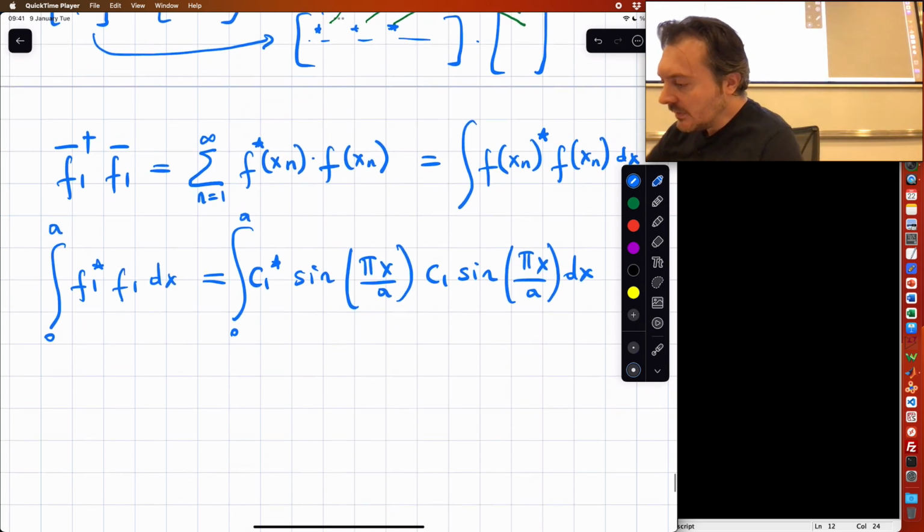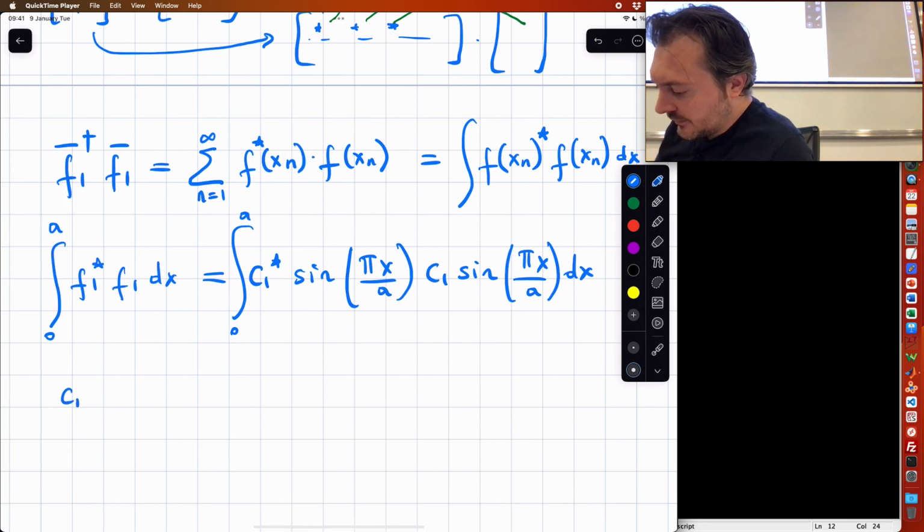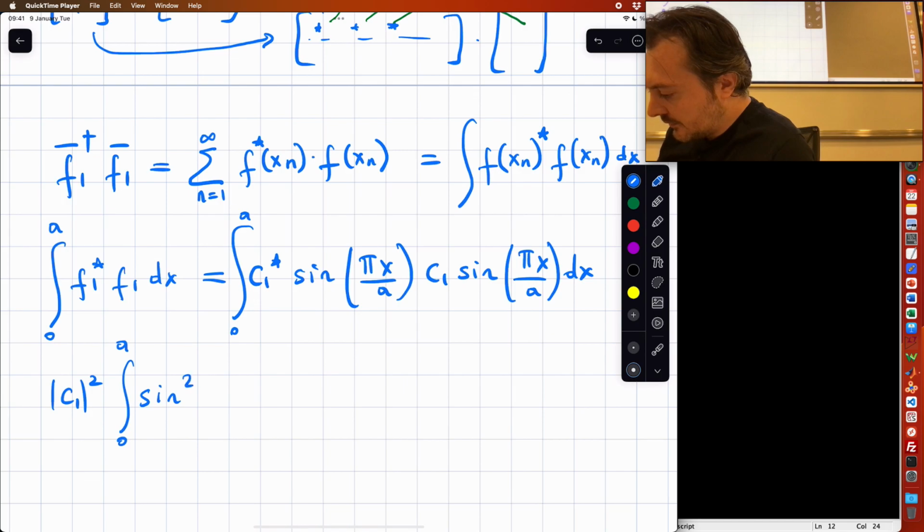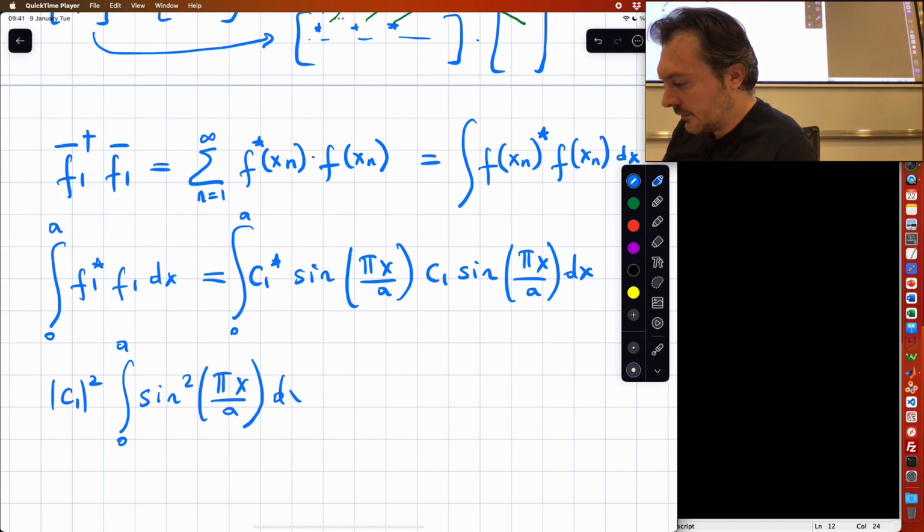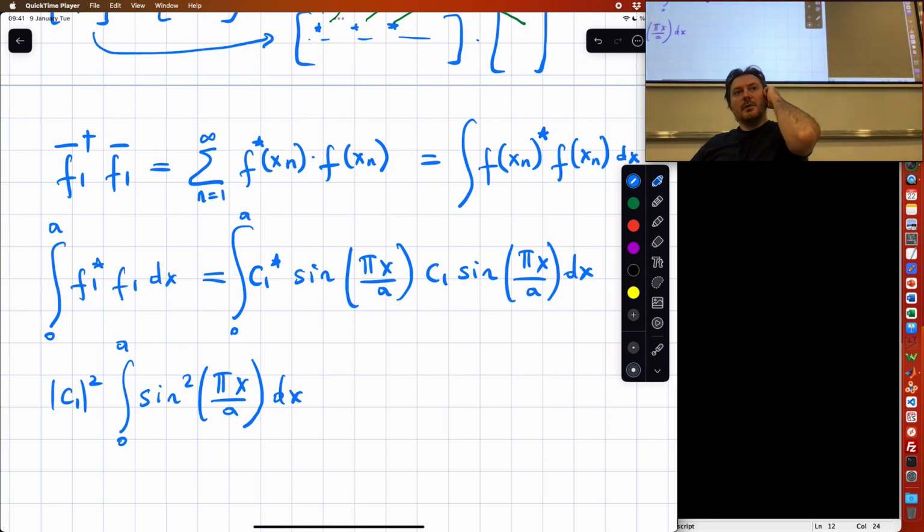So let's do this integral. C1 star C1 is the magnitude of C1 squared, right? And we need to evaluate this integral, sine squared pi x over a dx. Anybody knows what this integral is?